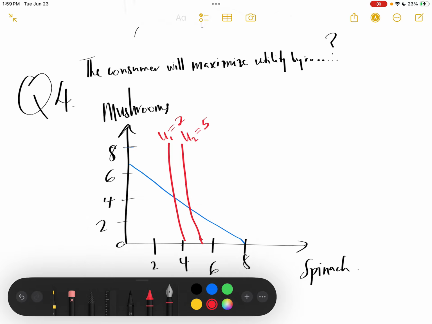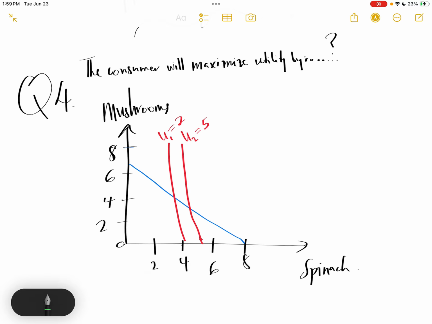We can complete this graph by drawing higher indifference curves, right? So here goes the third indifference curve. U equal, let's say, 7. Now, if you look at the first indifference curve, U1, it is intersecting the budget constraint.